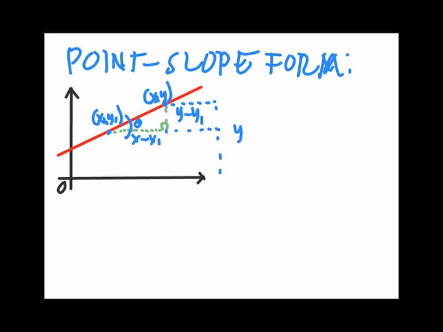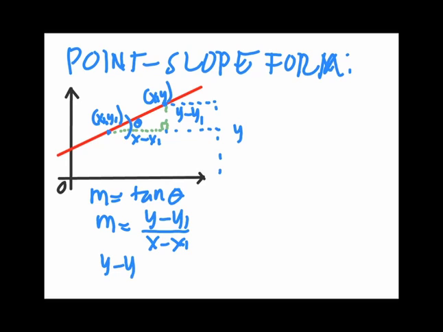Again, with reference to this right triangle, we can recall that the slope, which is equal to tangent theta, is of course equal to the opposite side y minus y1 over the adjacent side x minus x1. This will yield the equation of the line, y minus y1 is equal to m times x minus x1.